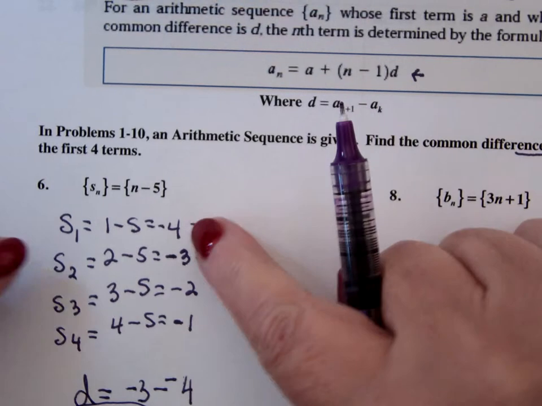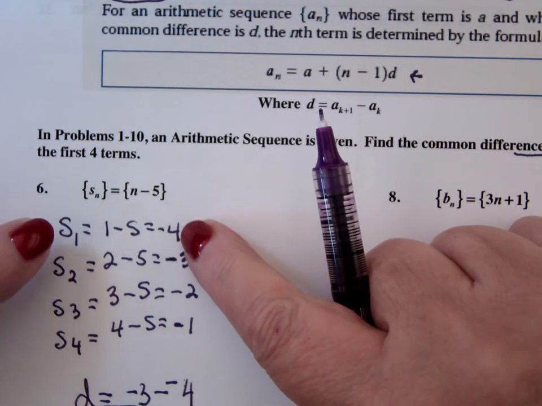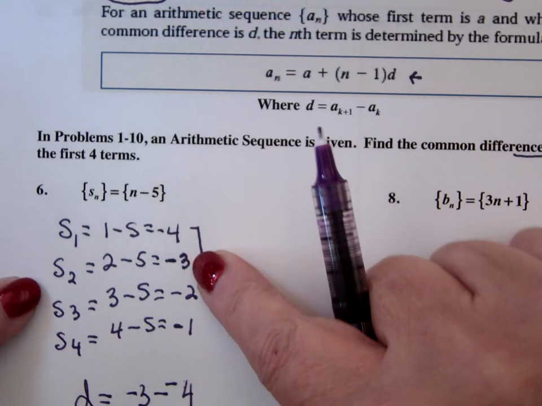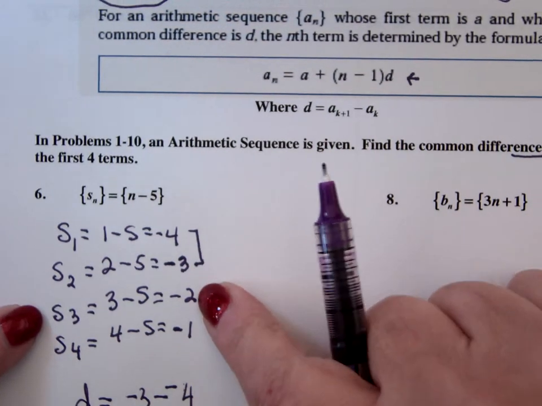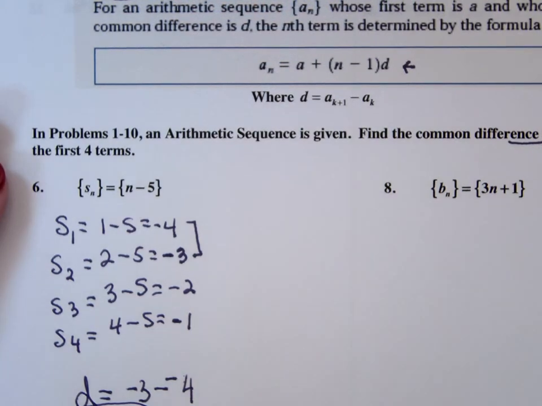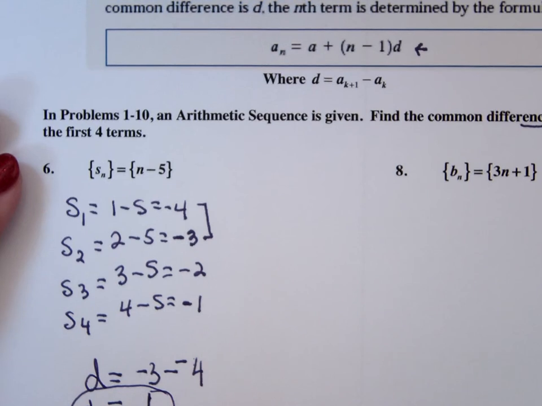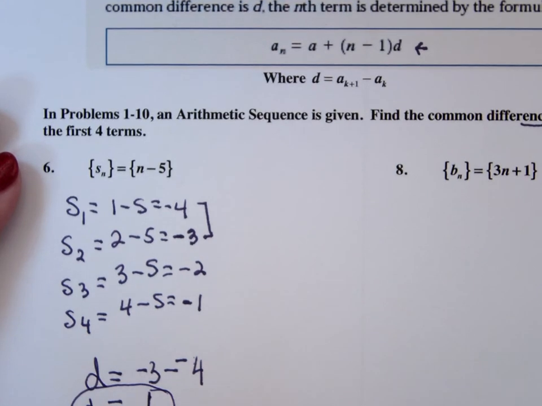That says I get from one position to the next by adding 1. Negative 4 plus 1, negative 3. Negative 3 plus 1, negative 2. Negative 2 plus 1, negative 1. And the first 4 terms of the sequence are minus 4, minus 3, minus 2, minus 1.